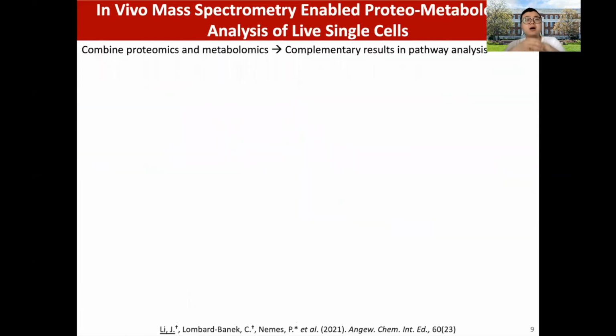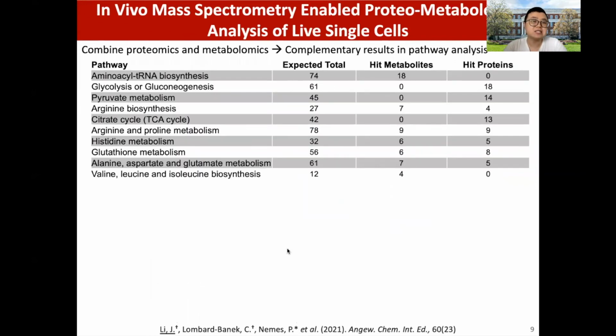We then combined the proteomics data and the metabolomics data to do the pathway analysis. The benefit is that we get complementary results. So here are a few pathways that we revealed. For the first one, you can see that it can only be revealed by the metabolomics data. For glycolysis, we can only reveal it by using the proteomics data.